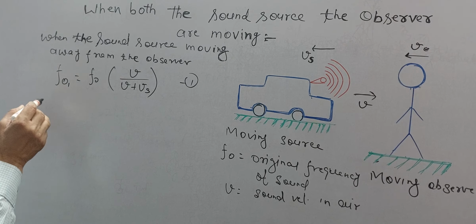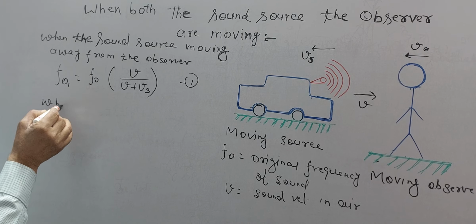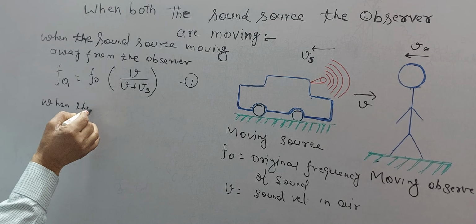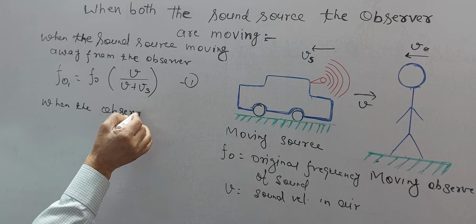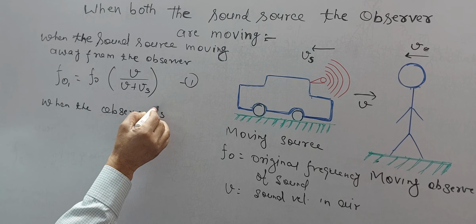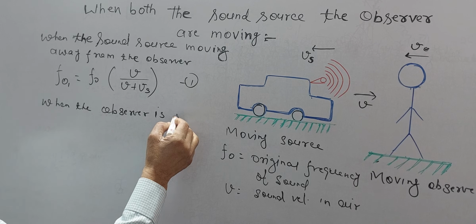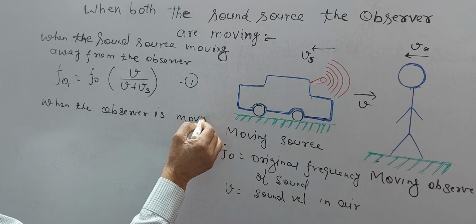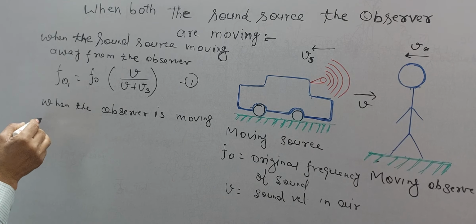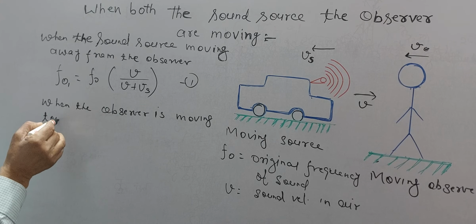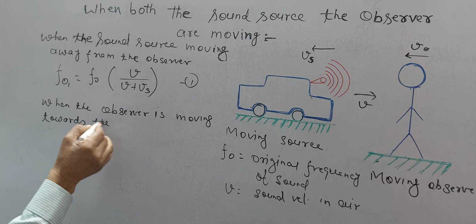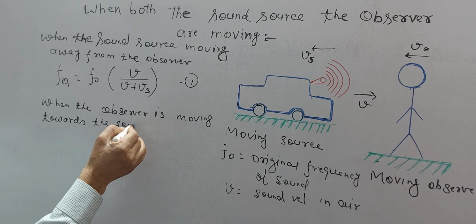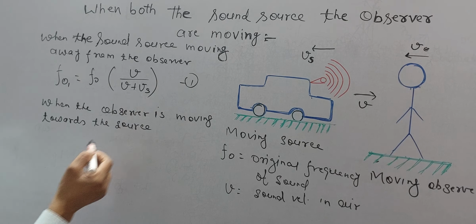So when the observer is moving toward the source, this will be our equation.